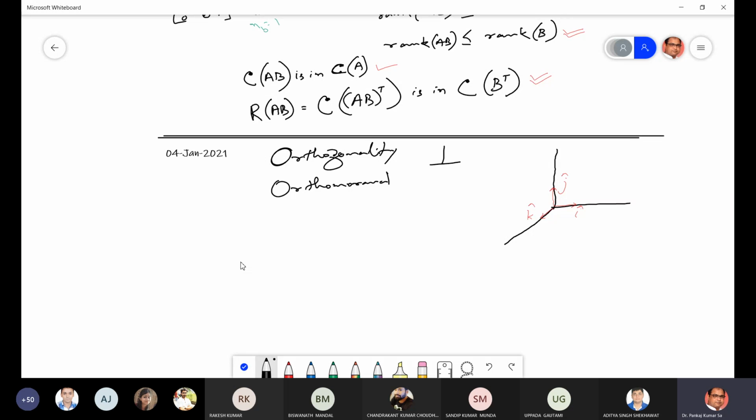In orthonormal, the vectors are also perpendicular, but then they are of unit length.